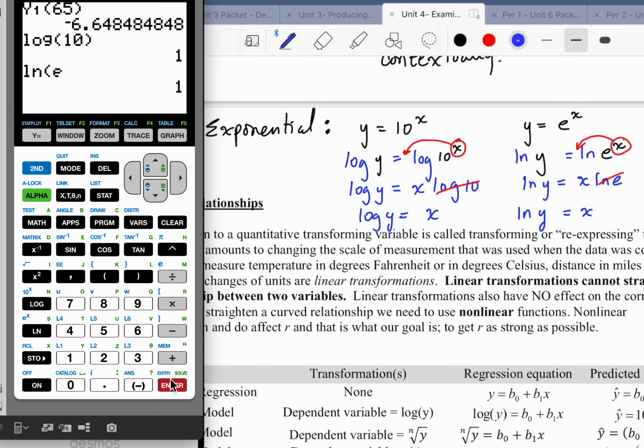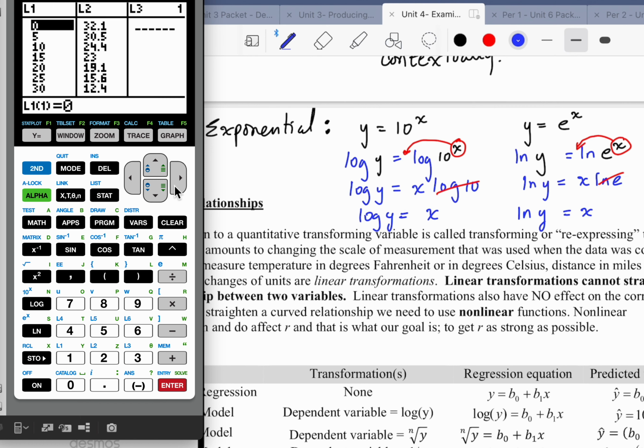All right. So if we want to transform this, or we call it linearize, it's a linear transformation. What we would do is take either the common log or the natural log of every entry in L2. Because that's the relationship.